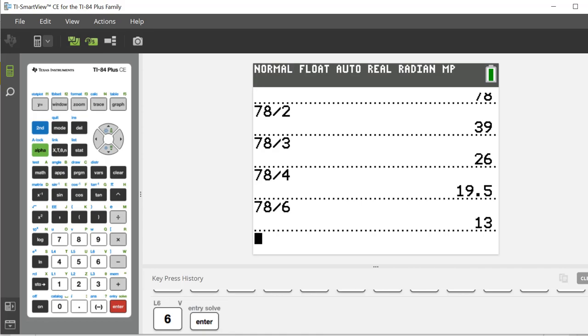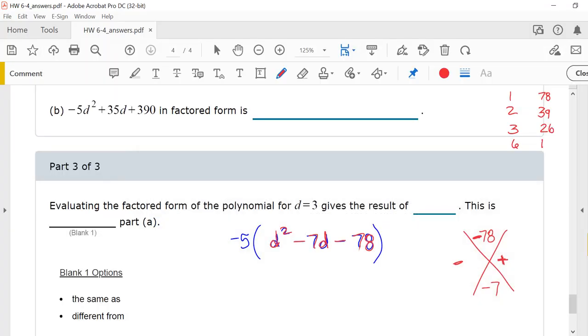How about 6? Yep. 6 and 13. That's it. That's what we need. Okay, I'm going to do positive 6 minus 13 gives me minus 7. So positive 6, negative 13. When I add those two numbers, I get negative 7.